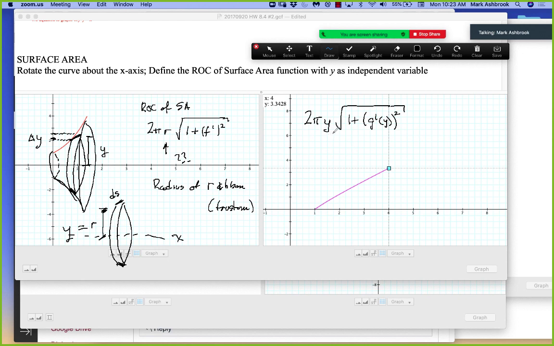What's my independent variable? Y. So I'm done. It is y, right? So the radius is just the value of y. As y increases through these intervals, generating ribbons, the value of the radius is just the y value. I'm done. I don't have to change this into x because I want it in terms of y. And it is y. Does it make sense?